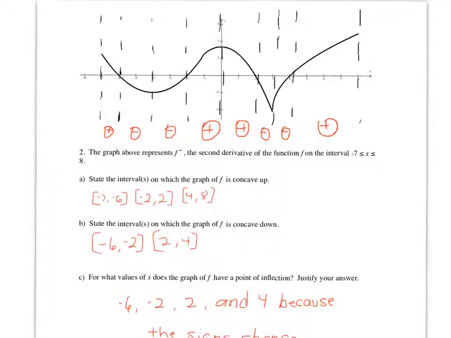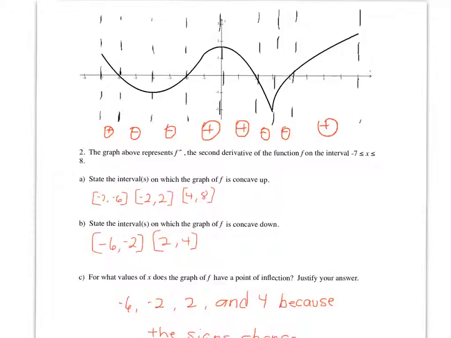The intervals on which the graph, this is actually a graph of f double prime, so you have to find the concave of it going up, which is from -7 to -6, -2 right there, up until +2 right there. It's at any point from which these are positive. So another one would be 4 through 8, which is from here to here.